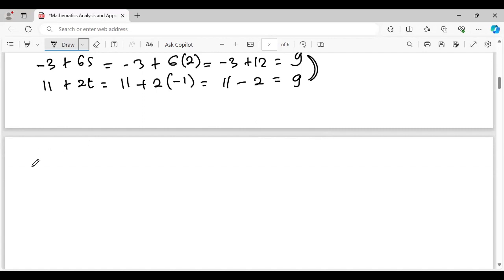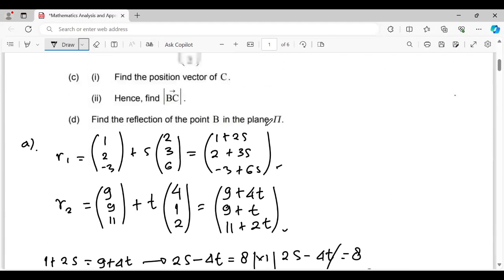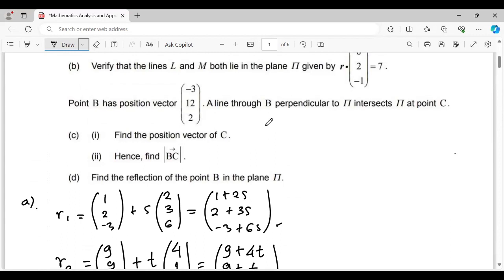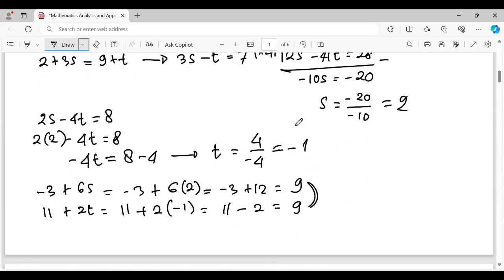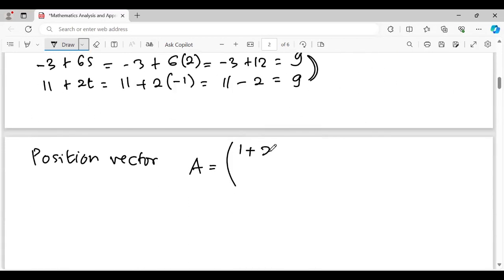Now we're going to find the position vector A. Position vector A is 1 plus 2 times 2, because S equals 2, 2 plus 3 times 2, then minus 3 plus 6 times 2.